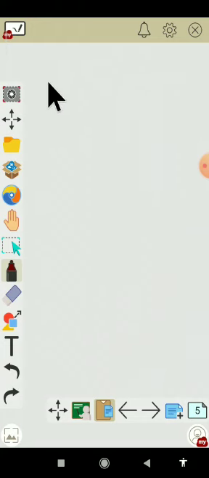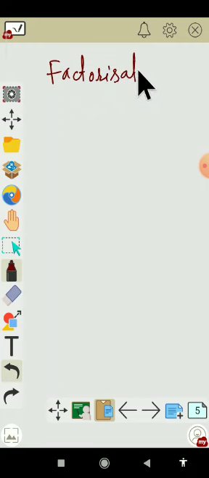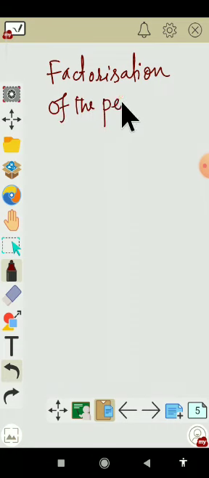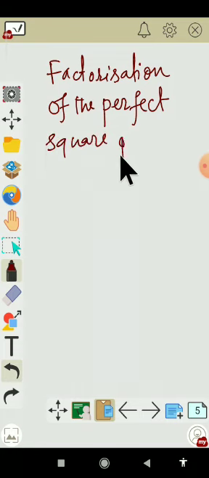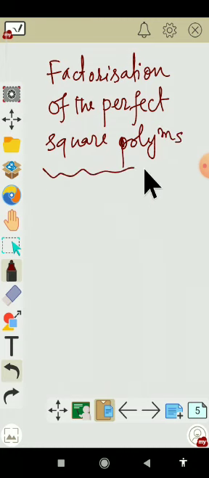Next we will see factorization of the perfect square polynomial.